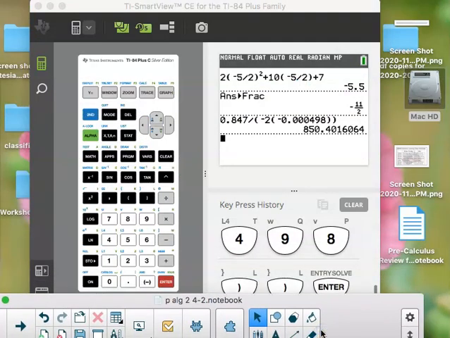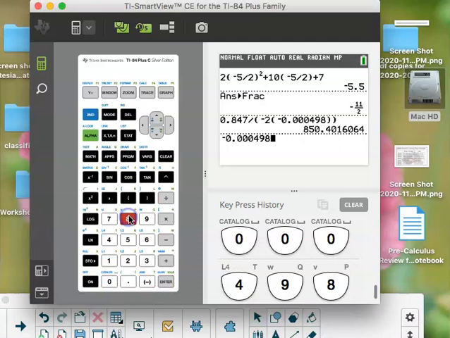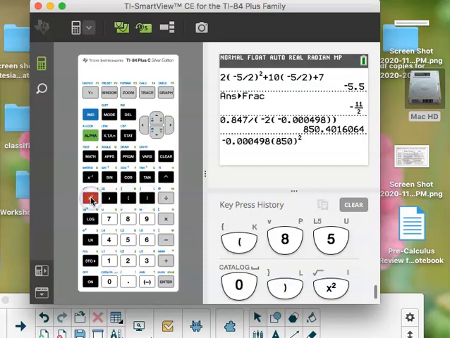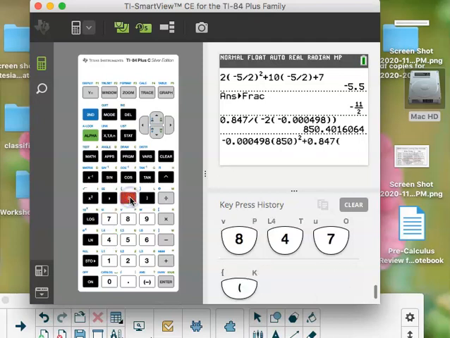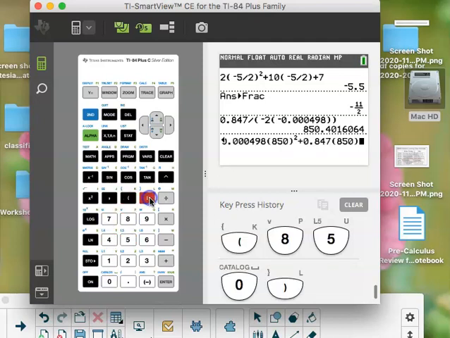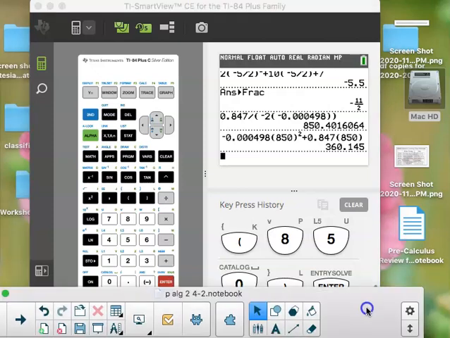So we need negative 0.000498 parentheses 850 parentheses squared plus 0.847 parentheses 850. Whew. And that's super close to 360. So let's use 360.